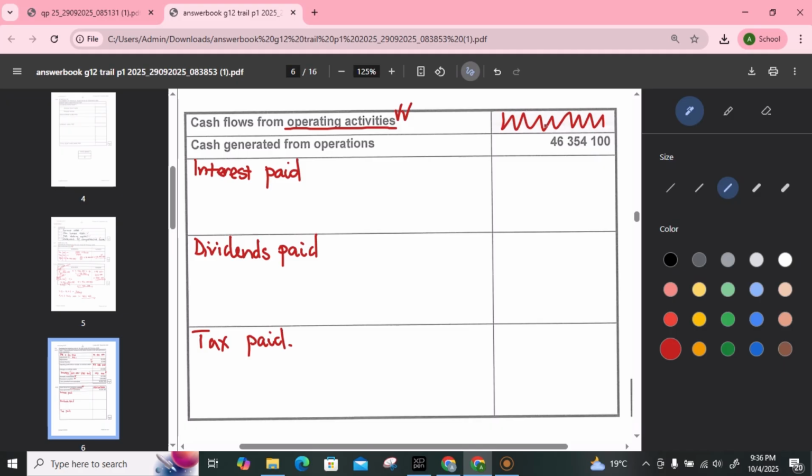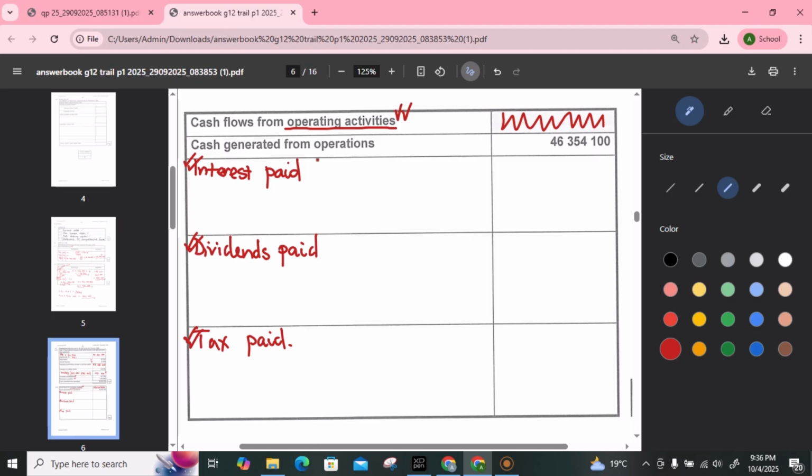Alright, so if you get a question like this one where the answer book is completely blank, you need to find the line items first. If the line items are correct, then you can work your way out. So we know it's interest paid, dividends paid, and tax paid. The easiest way to approach this is to apply the formula.